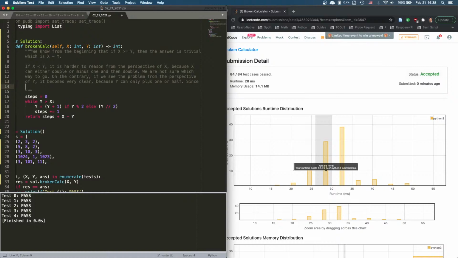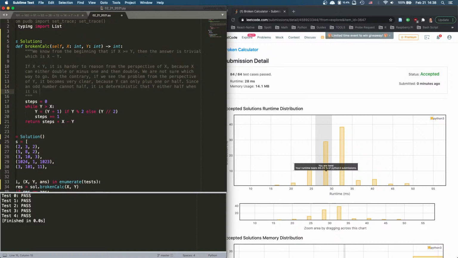Since an odd number cannot halve, it is deterministic that y either halves when it is an even number, or +1 and then halves if it is an odd number.